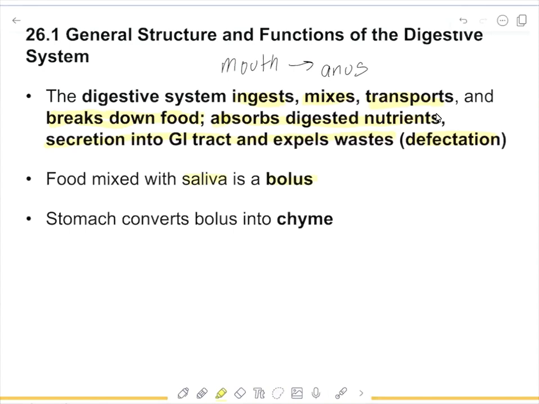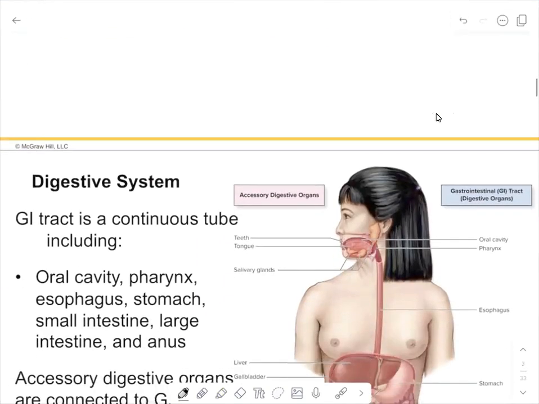The stomach is going to start to convert that bolus into chyme, which is a paste-like substance. That paste-like substance is then going to be ready to enter into the small intestine.